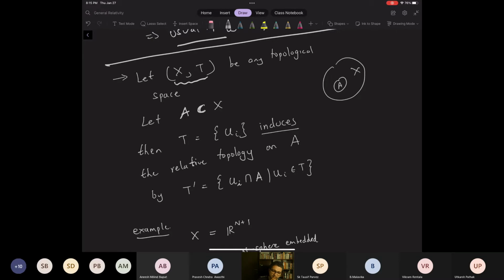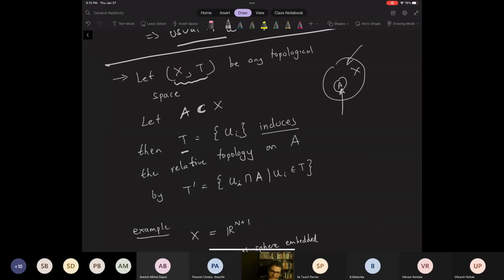Then the original topology on X also gives rise to a topology on A. So even the subset A inherits a topology from T. And how do we see that?